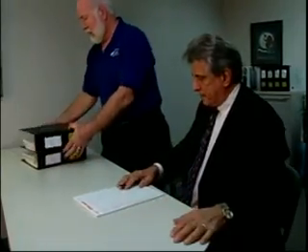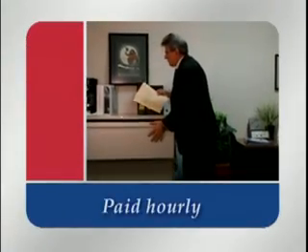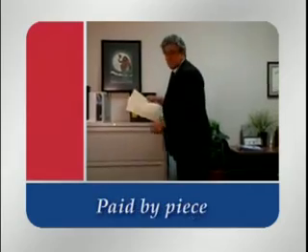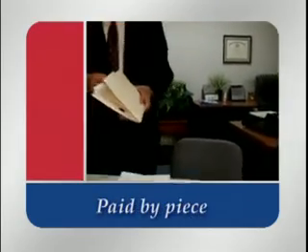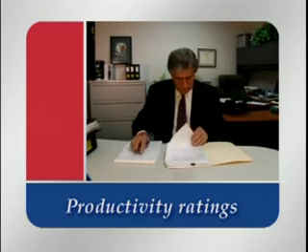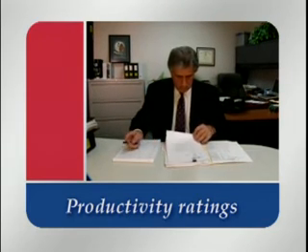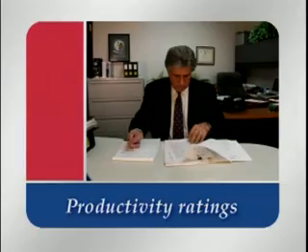Although the Wage and Hour Division is authorized to review these documents, investigators should remember they are confidential. The consumer's file will contain information about whether he or she is paid hourly or by piece. It also contains the consumer's productivity ratings, done at least every 6 months, and outlining the work and calculations associated with it.